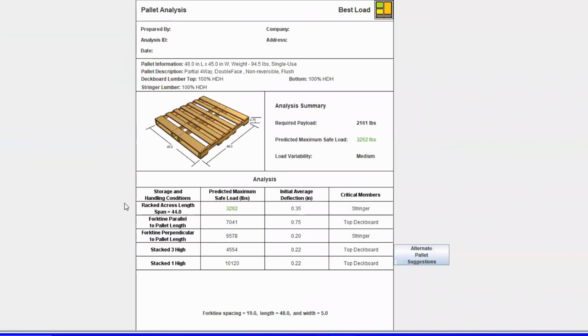Storage and handling conditions include free span racking across the pallet length, handling with forked equipment in both directions, and stacking up to 3 unit loads high in warehouse floor storage. The predicted maximum safe load for the critical support condition exceeds the required payload, indicating this pallet has adequate strength and stiffness.